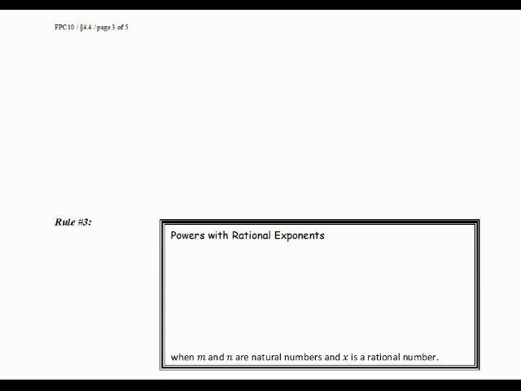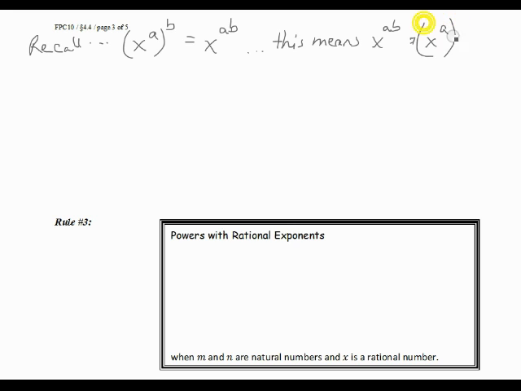Recall another exponent rule. x to the power of a to the b is the same as x to the a times b. This means that x to the ab equals x to the a to the b.